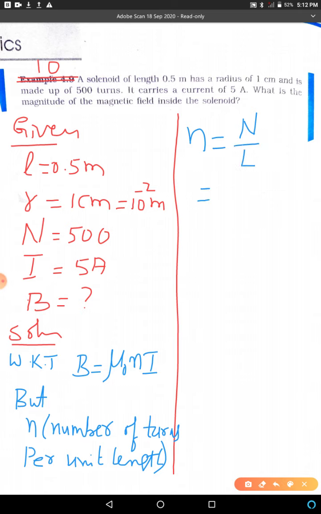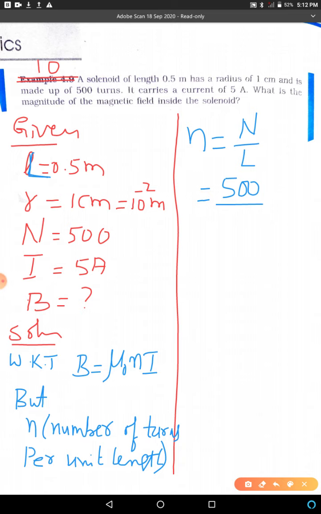The total number of turns is 500. What is the total length of the solenoid? Let us make it capital L or small l. Let us make it capital L. Look at what we did in the notes, we used capital L and small l. The length of the solenoid, we have taken it as capital L or small l.